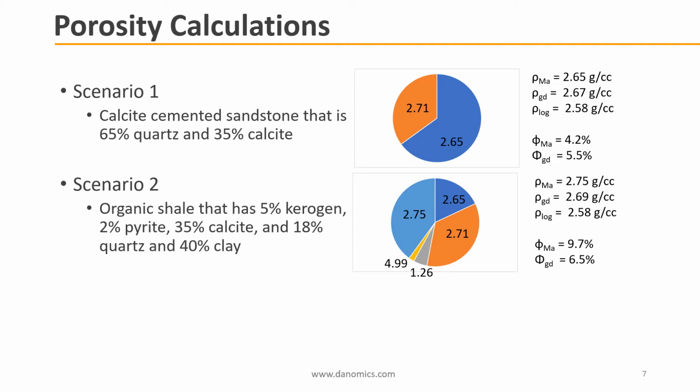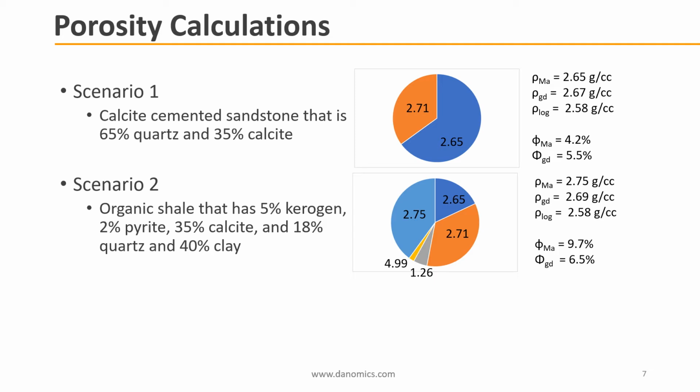Let's look at another one here. So in scenario 2, we have an organic shale. And it's a very complex lithology. We got some kerogen and pyrite, calcite, quartz, and clay. So my first question is, how do you even know what the matrix density should be in this case? You may say, okay, maybe that's something like 2.75, because we know that we got some pyrite in the system that's high density. We know our clays are higher density.